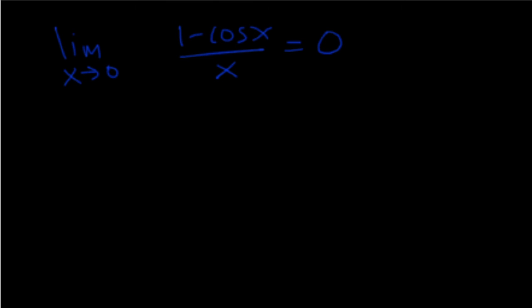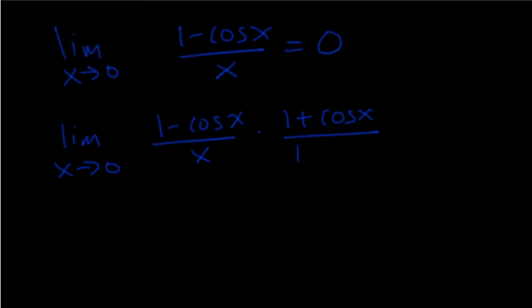So the first thing we're going to do, let's rewrite everything. And we're going to multiply by the conjugate of 1 minus cosine. So we'll multiply by 1 plus cosine. So I have the limit as x approaches 0.